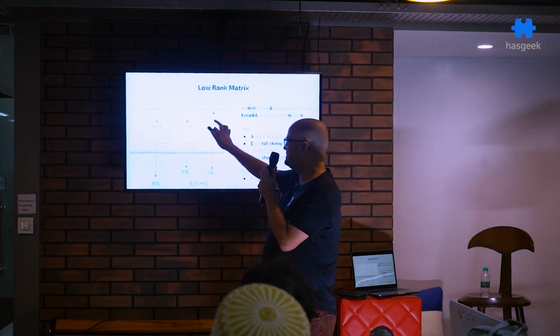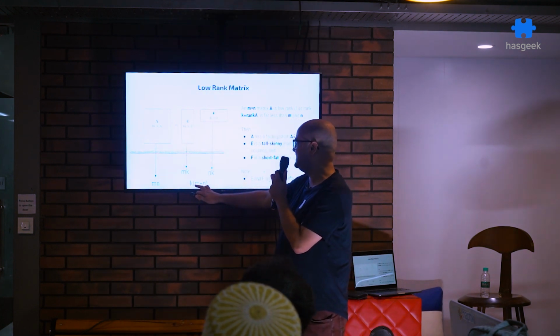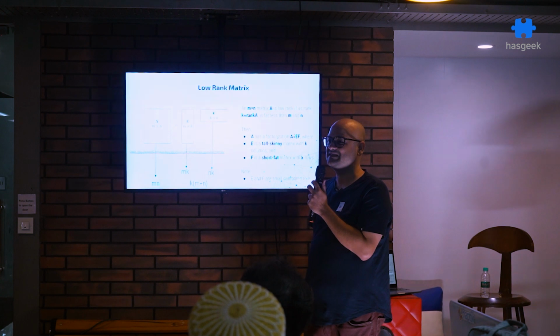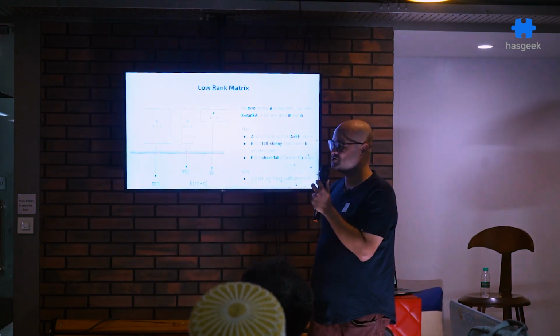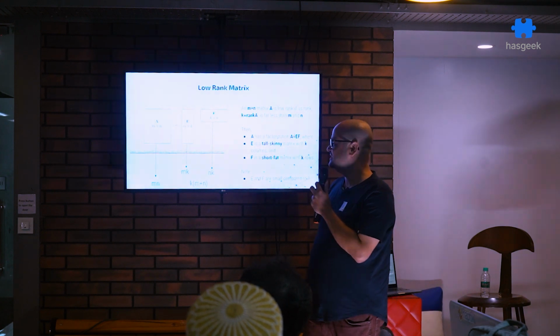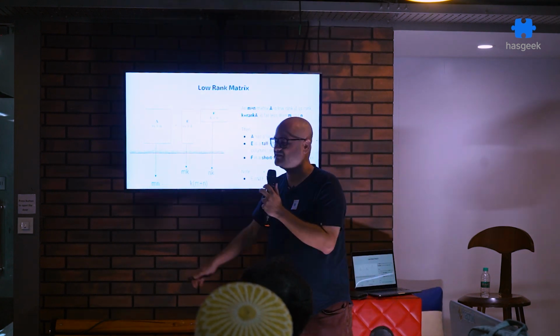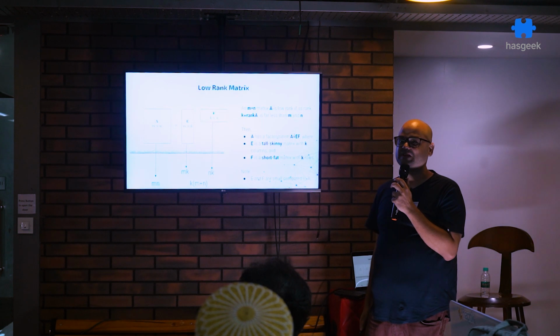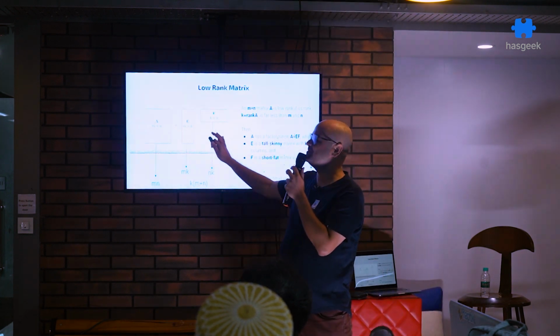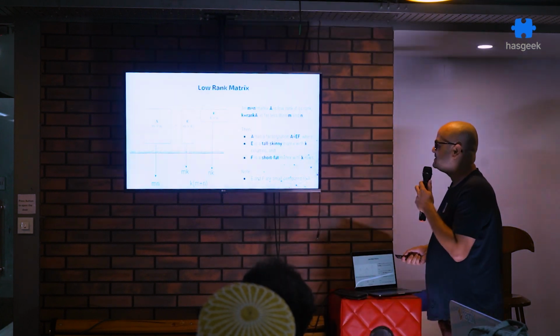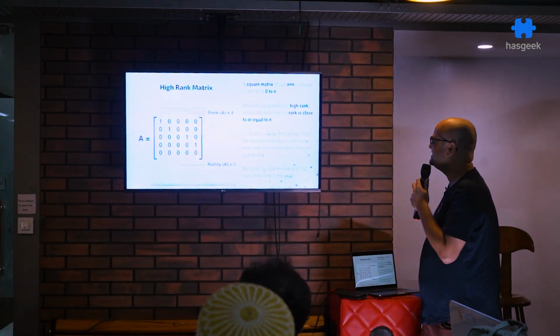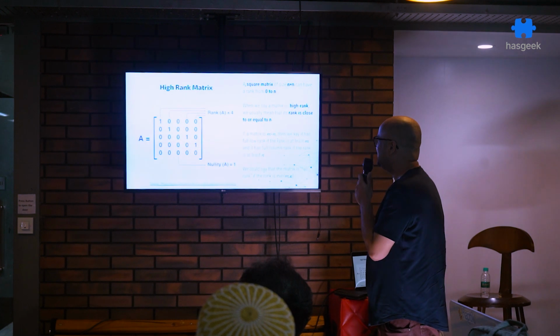And E and F taken together, they have k multiplied by m plus n parameters, and if m and n are orders of magnitude larger than k, then this number is orders of magnitude smaller than m cross n. So that is a lot fewer parameters to train, right? And you can guess where that is leading to, right?